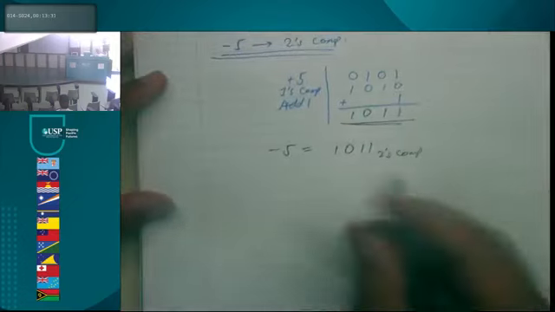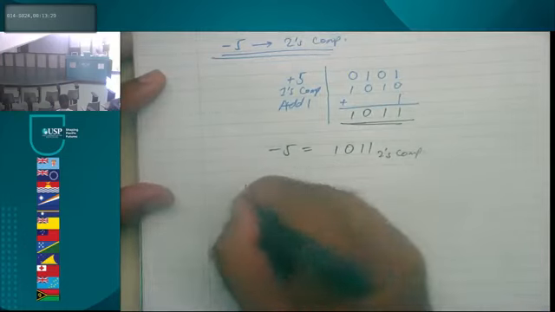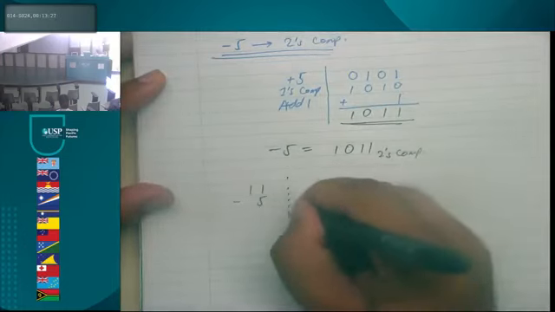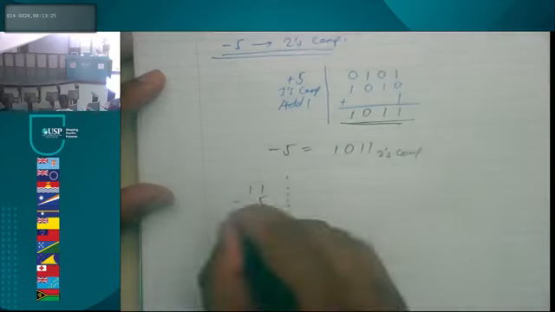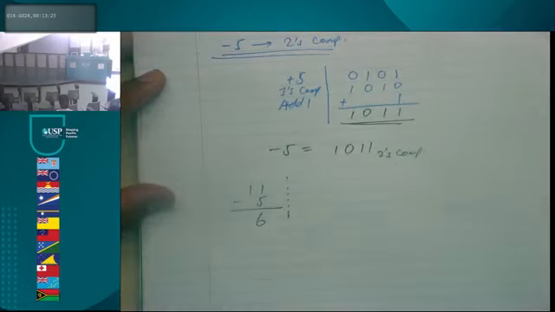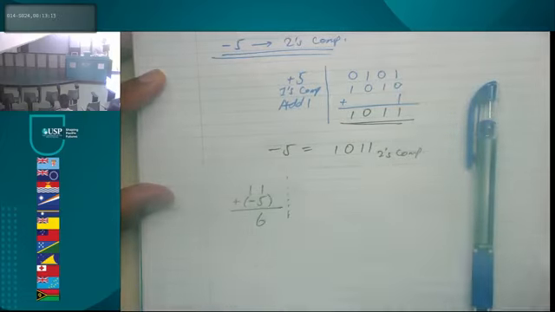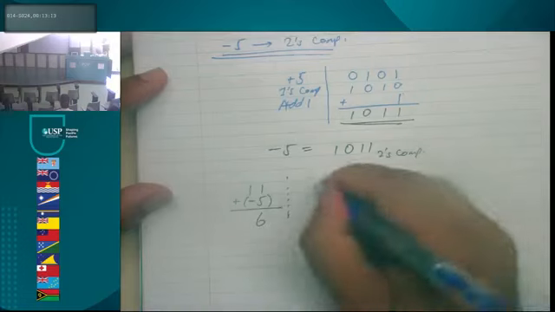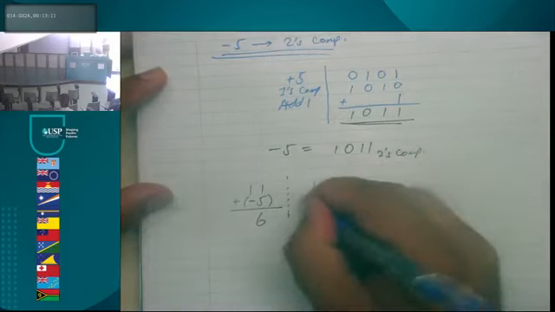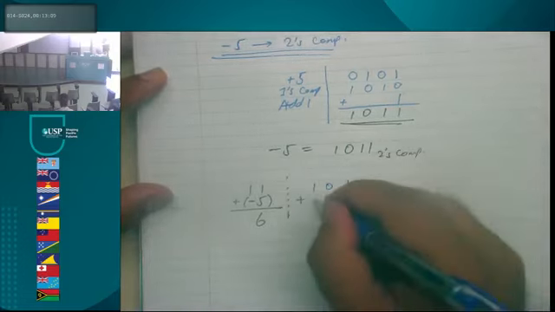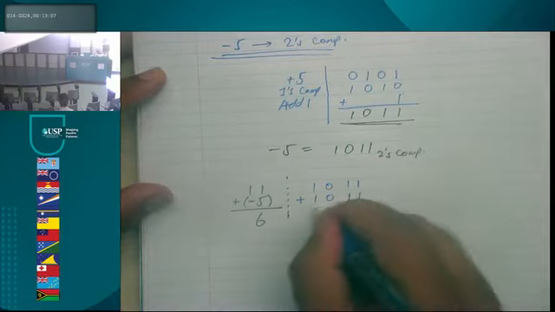Now let's go ahead and do this. 11 minus 5 should come to 6. So the way we do it is 11 plus negative 5. 11 was 1011, plus negative 5 is again 1011. Funny.